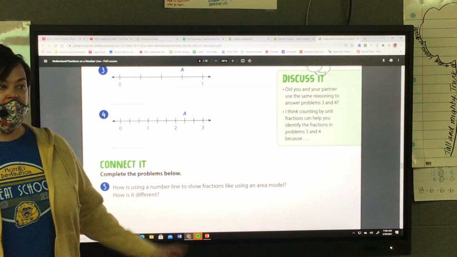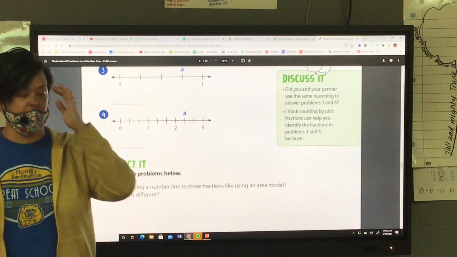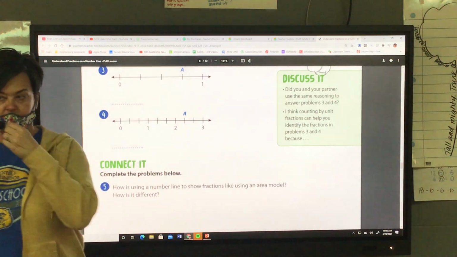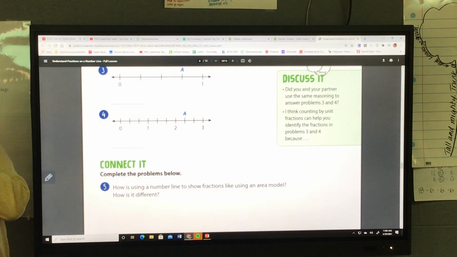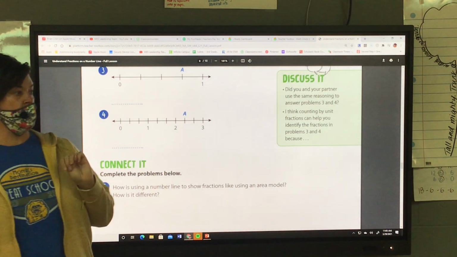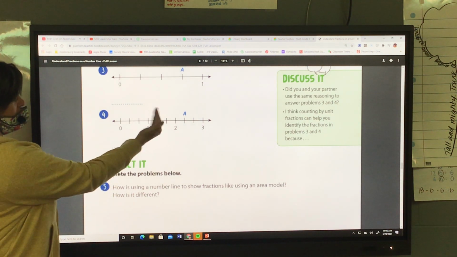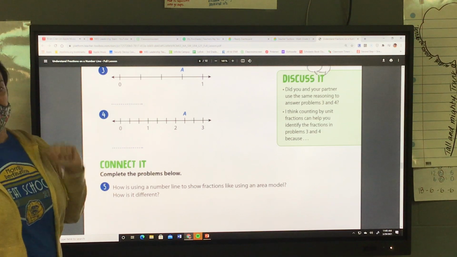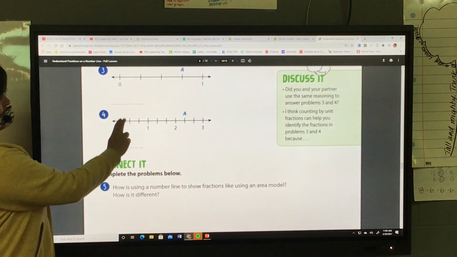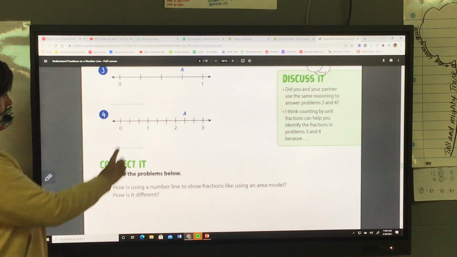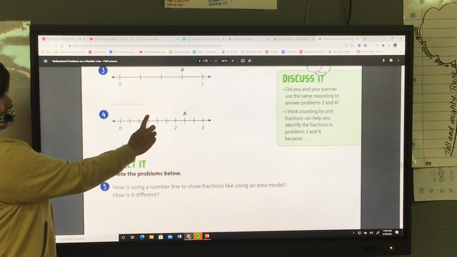All right, let's look at part 4 here. How many whole numbers do we have? 3. There are 3 whole numbers. Okay, so let's look at it from 0 to 1. How many equal parts are there between 0 and 1? 1, 2, 3.